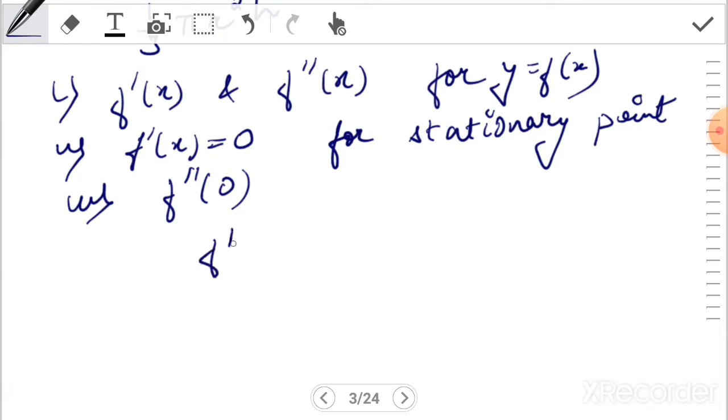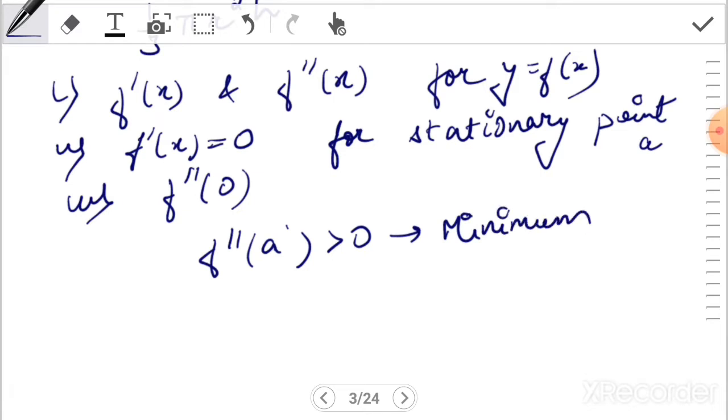If we take a stationary point as a, and f double dash a is greater than 0, that means we have a minimum at x = a, and the minimum value will be f(a).